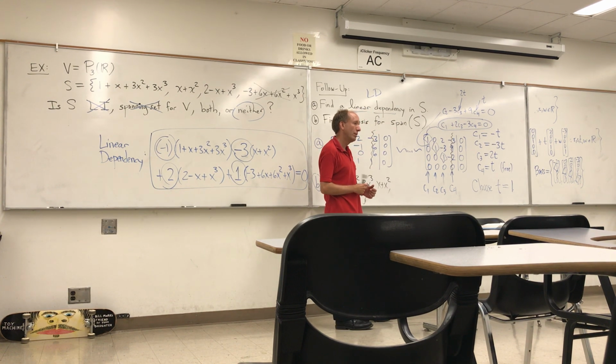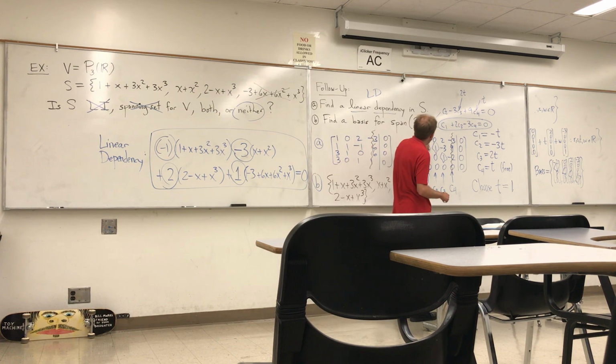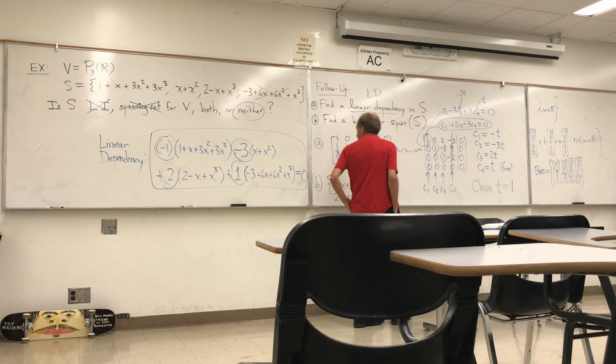Can we write the basis as the pivot columns? Like 1 and then x and then 2 minus 3x plus x squared as the basis.